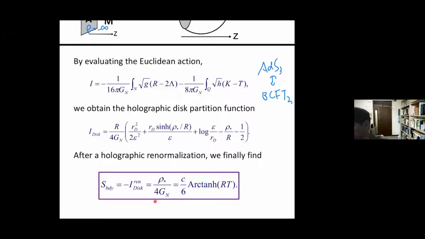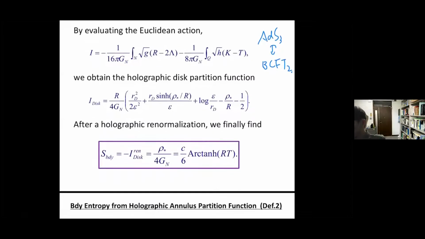And you can rewrite this in terms of the tension, using the previous formula which I gave you. T is the tension. If the tension gets larger, through this arctangent hyperbolic, rho star also gets larger. So this is our expression, a precise relation giving the interpretation of tension. Actually, in AdS/BCFT, tension is interpreted as boundary entropy by using this formula.